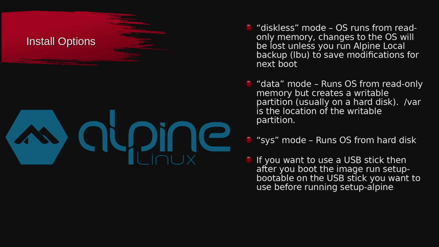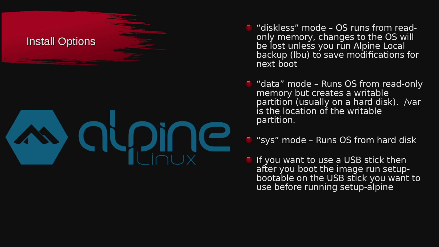So in this case, that's what we're talking about in data mode, is a protected execution of the operating system, it's immutable. And then the /var allows you to create your home directories and any other directories you need write capability for. Sys mode runs the OS from the hard disk, so it's a traditional OS install.